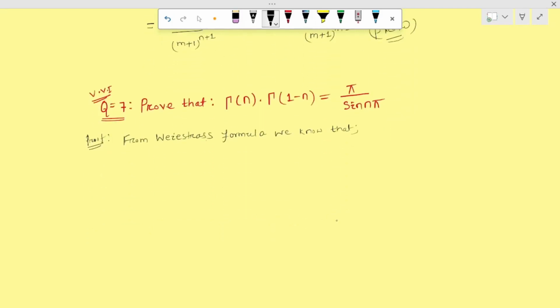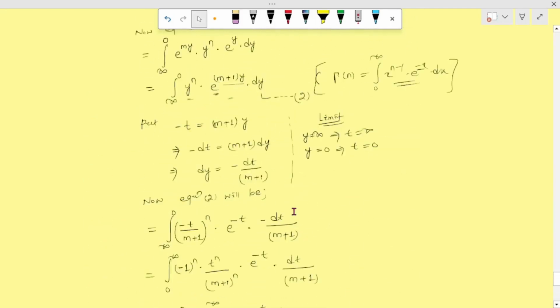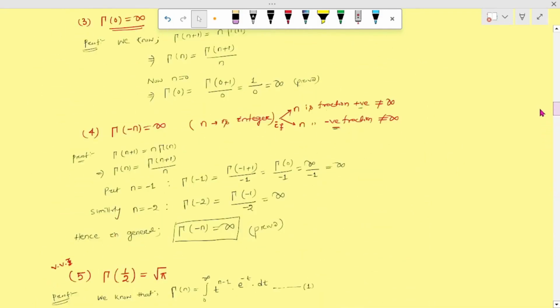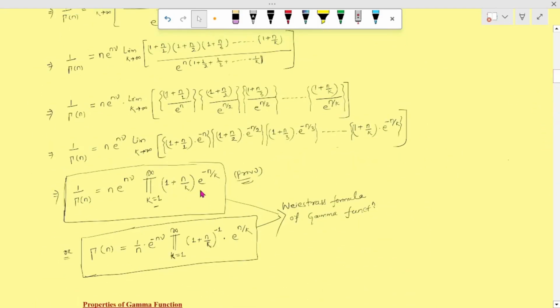Gamma n equals this much, which we have already proved. Here you can see 1 by gamma n equals n e to the power gamma n times the product from k equal to 1 to infinity of (1 plus n by k) to the power minus 1 into e to the n by k.